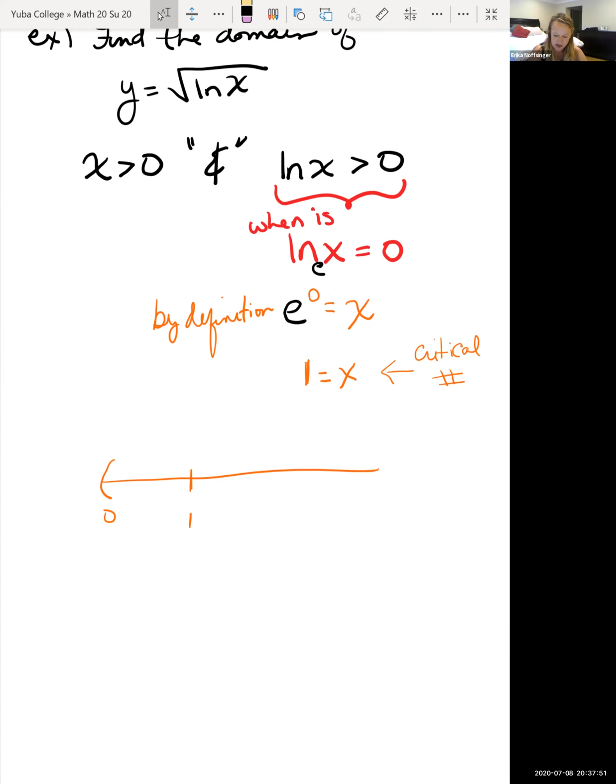Okay, so choose a value. Let's say x is 0.5. If we plug this in, we want to see if this is a true statement or not. Is ln of 0.5 greater than 0?